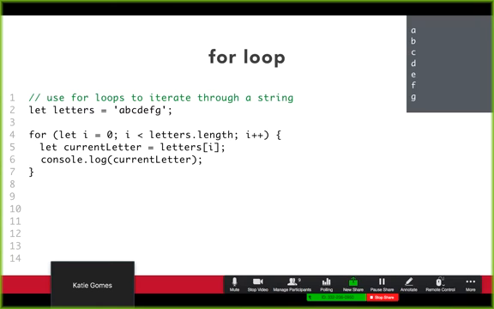And then we check, is 1 less than however many letters there are in the string? If there is, then looking at line 5, we set the letter at that index to this variable called current letter. Notice how on the right hand side of the equal sign on line 5, current letter is equal to letters index I.